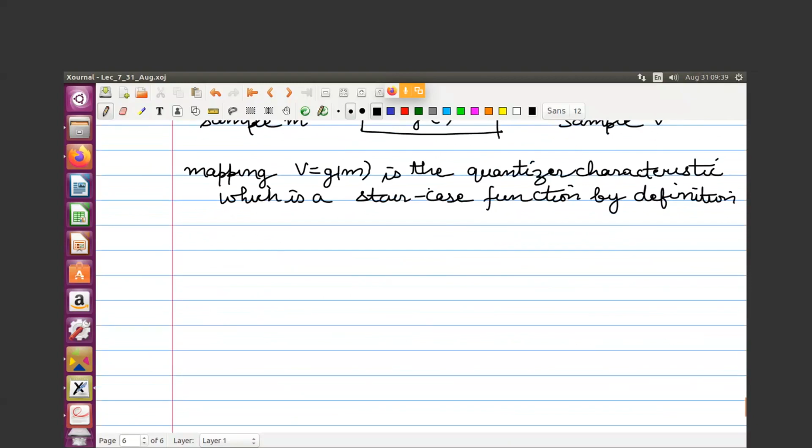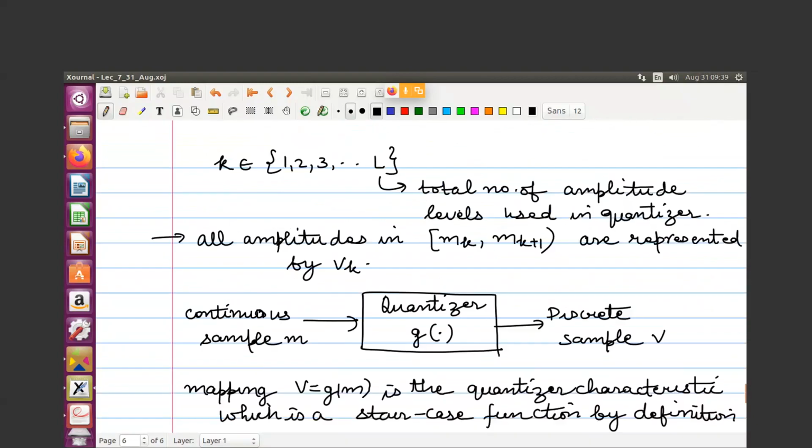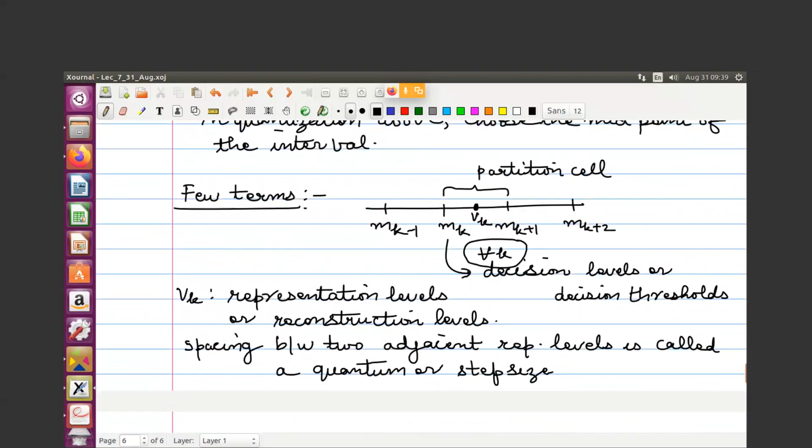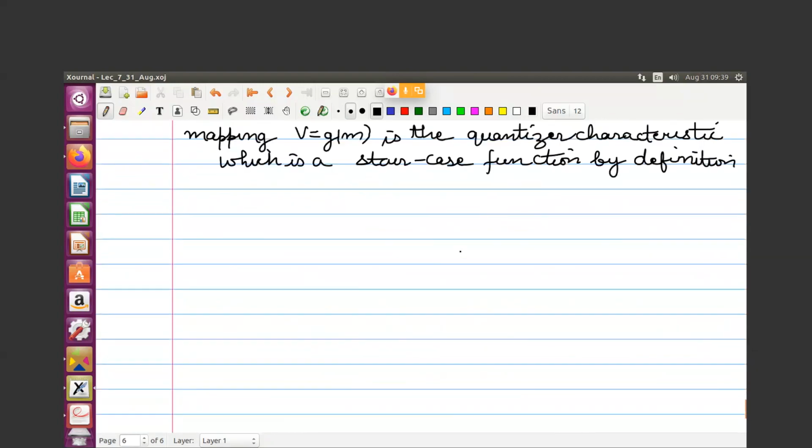Now, why the staircase function? I think in the next lecture I will draw this. But because of this property, it is a staircase function, because anything which lies between m_k and m_{k+1} is given a constant value v of k. If I try to draw the characteristic, my input signal lies on the x-axis, divided into these partition cells.